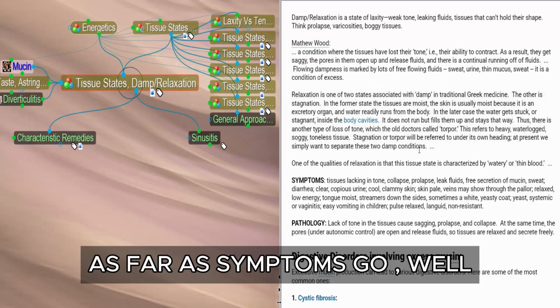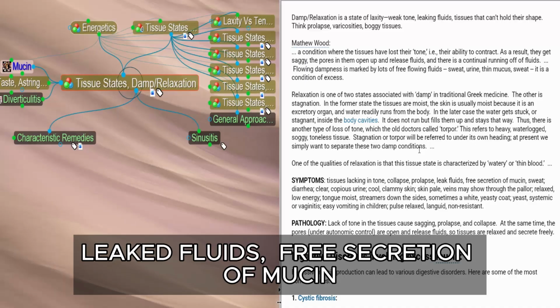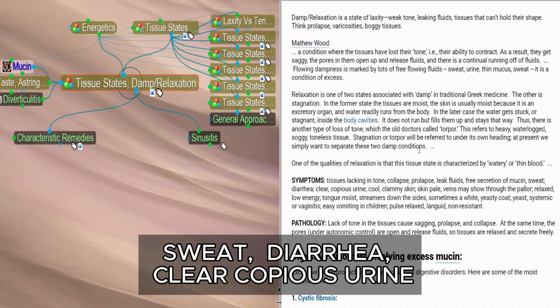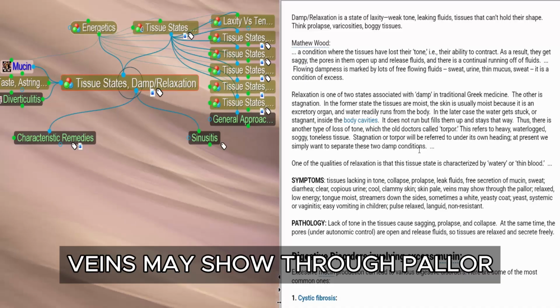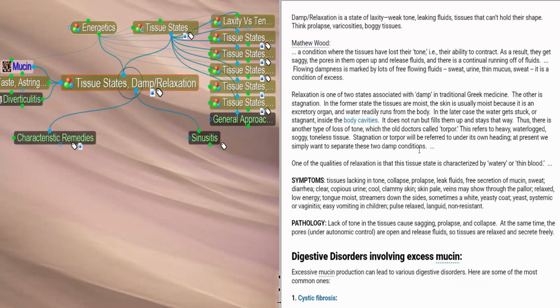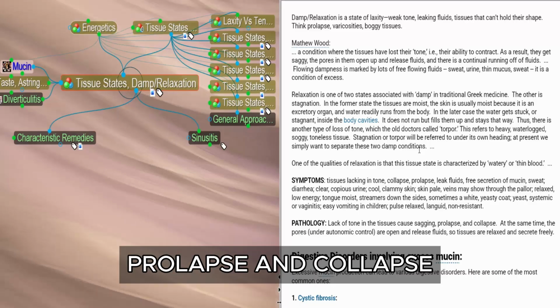As far as symptoms go, well, tissues lacking in tone collapse, prolapse, leak fluids, free secretion of mucin, sweat, diarrhea, clear copious urine, cool clammy skin, veins may show through pallor, and lack of tone in the tissues can cause sagging, prolapse, and collapse.